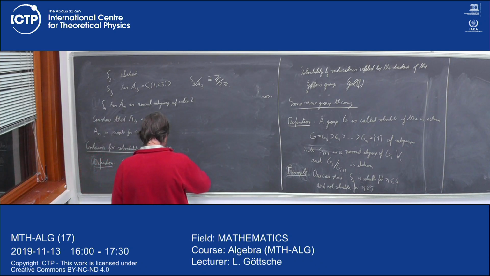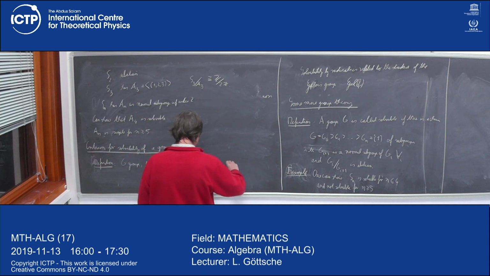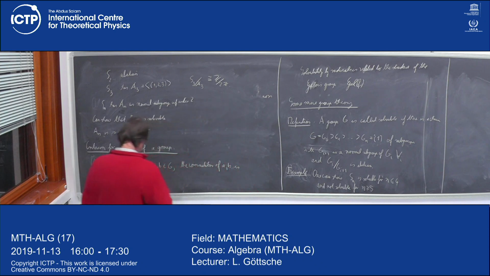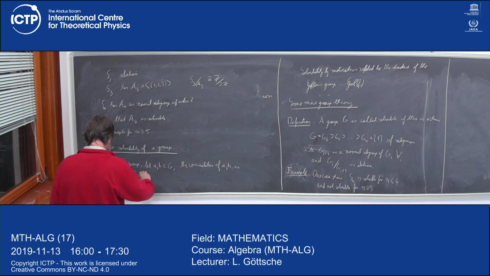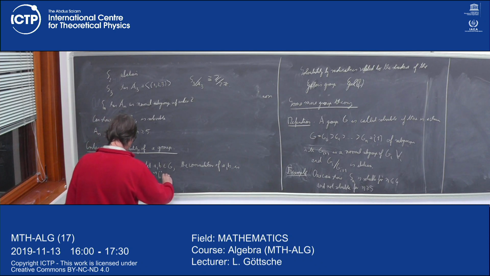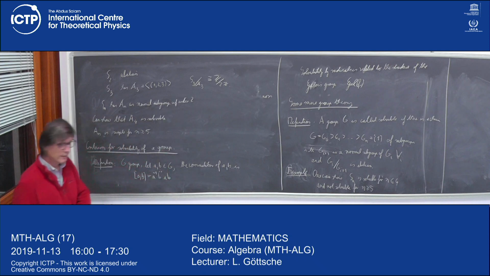So the commutator of a, b is a^-1 b^-1 a b.